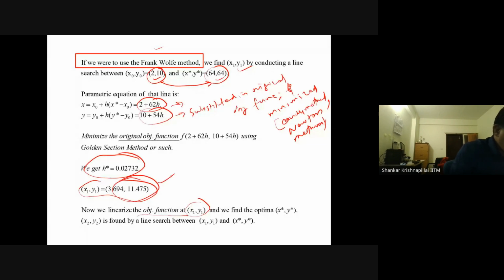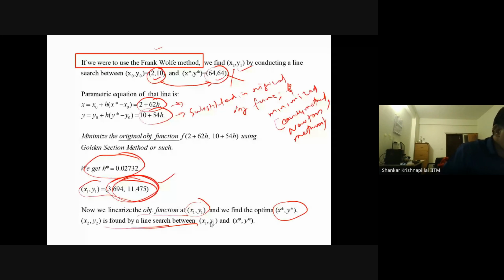Okay, not at 64, 64. It has to be linearized at this value, 3.694 and 11.475. Okay, and we find the optimum x star, y star, and then x2, y2 is found by again doing line search between this x1, y1 and x star, y star.